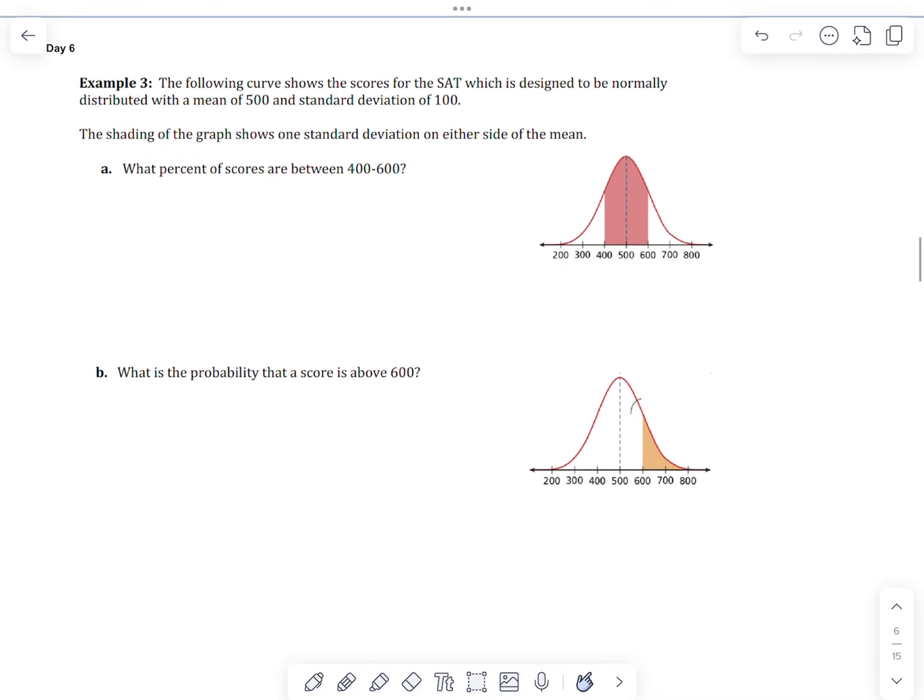All right, example 3. The following curve shows the scores for an SAT, which is designed to be normally distributed with a mean of 500, so an average score of 500, and a standard deviation of 100. So here's the 500. And then we see our horizontal axis. Every standard deviation plus or minus is 100.